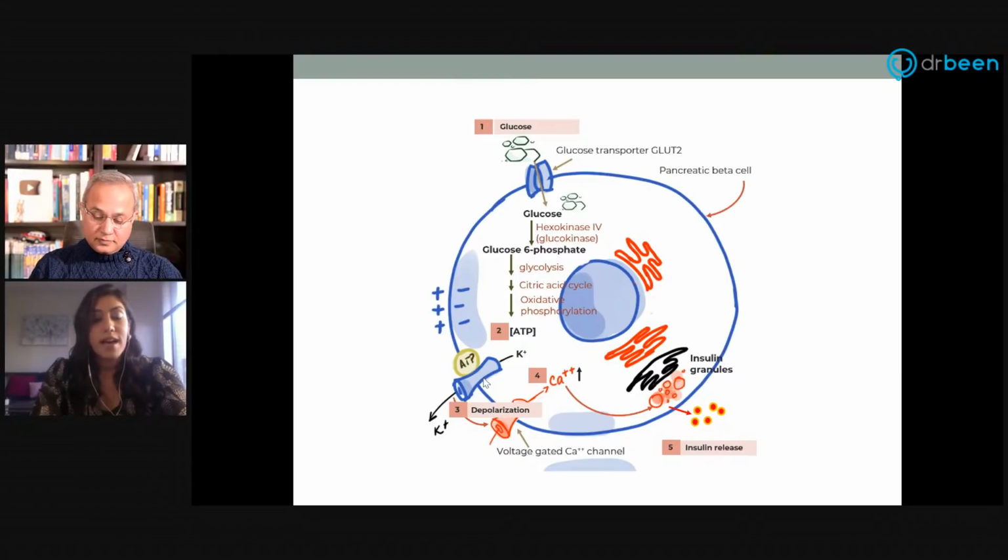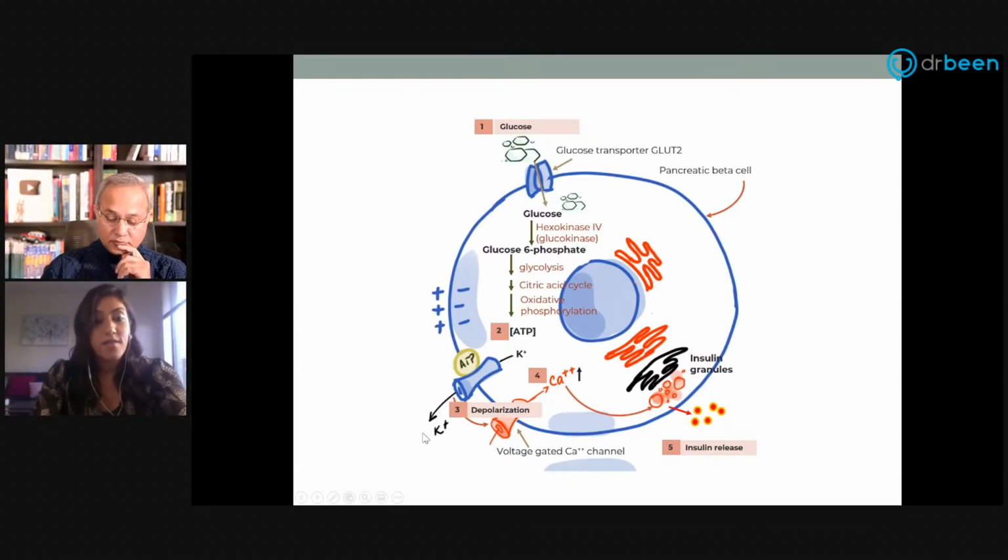Let's say there is a case of lower blood glucose. Now there's low ATP in the beta cell, so the potassium channel is not inhibited. Potassium will continue to leave the cell, what we call efflux.